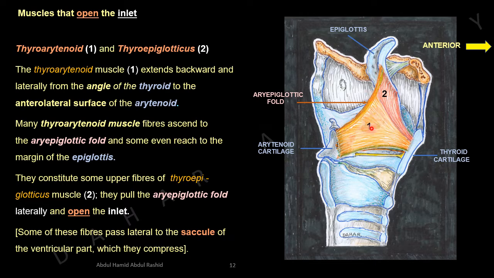All of them, number 1 and number 2, together pull the aryepiglottic folds laterally and open the inlet. Some of these fibers pass laterally to the saccule of the ventricular part of the cavity of the larynx, and it presses the saccule.